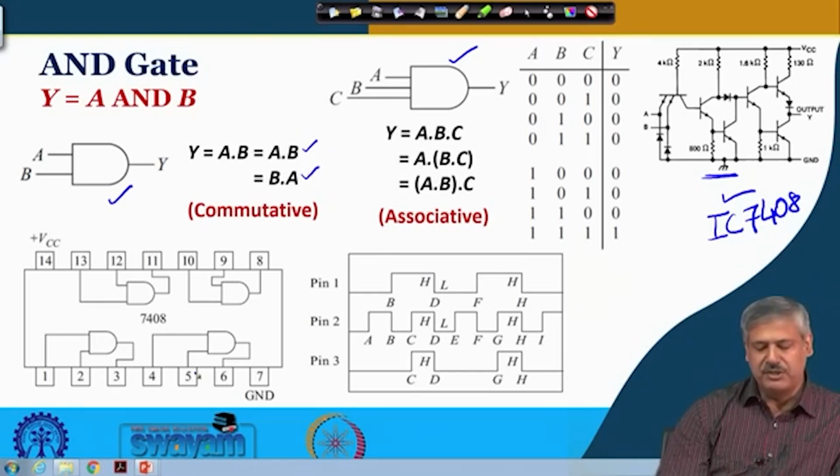IC 7408 is the structure in which 4 AND gates are arranged, with VCC, ground, and pins 1, 2 as the inputs and 3 as the output.